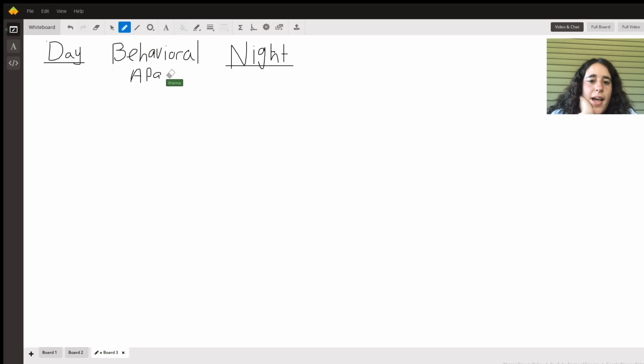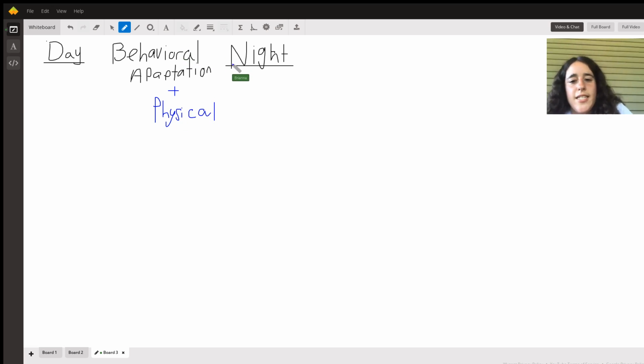But for some animals, that behavioral adaptation goes with a physical adaptation. So for example, an animal that is awake at night, bats, their behavioral adaptation is they choose to be nocturnal.